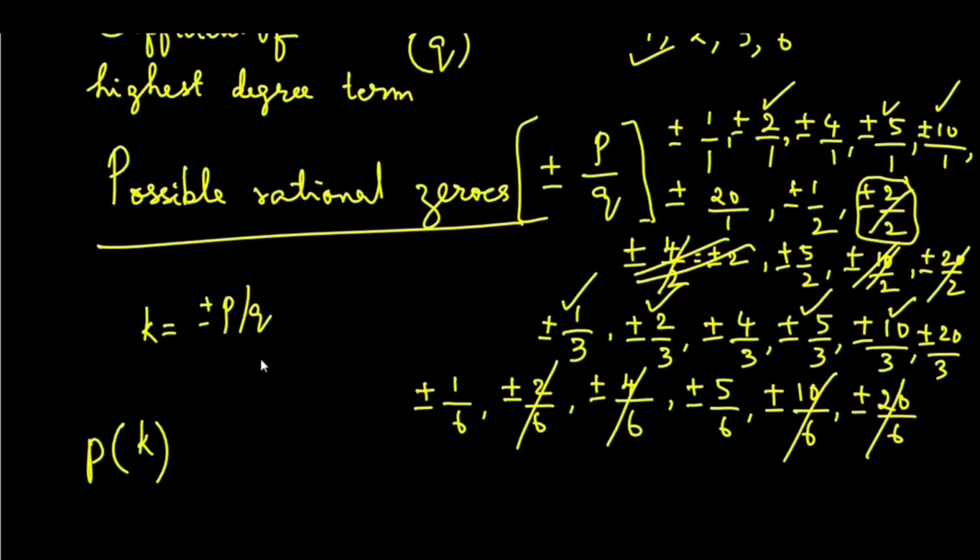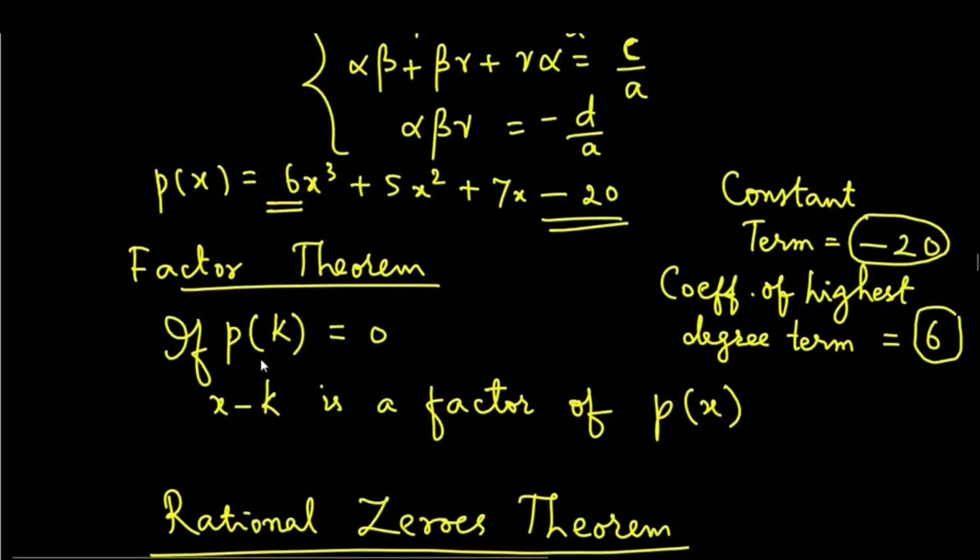If there is any value of k or plus or minus p by q for which p of k is equal to 0, then x minus k is a factor, which means k is a 0. In this case, we find that there is no 0 at all. That means for this given cubic polynomial, there are no rational zeros.